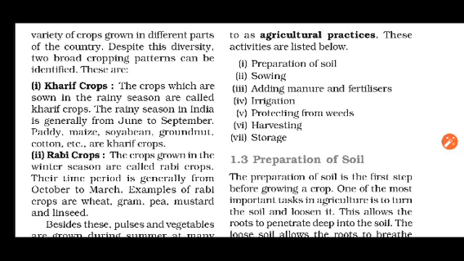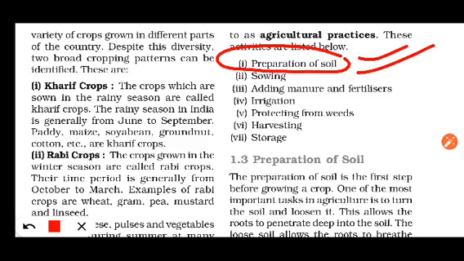Agricultural practices are those activities which are performed by farmers step by step in order to get the yield. Up till here it was the preparation of soil, and whatever the three tools we studied, it is the part of preparation of soil. So I hope the first agricultural practice, that is preparation of soil, is clear to you.